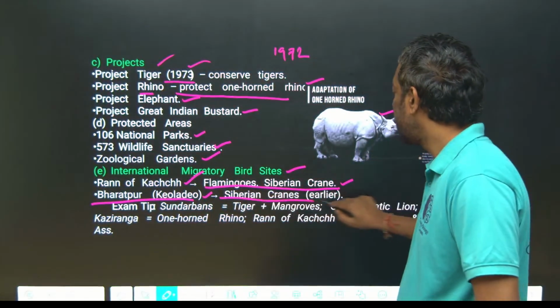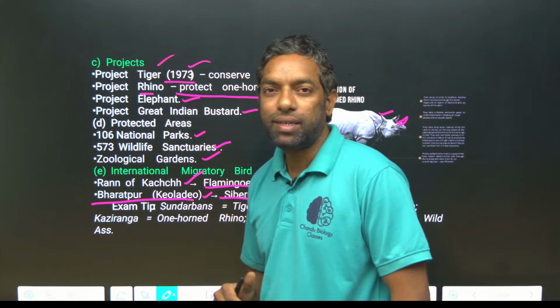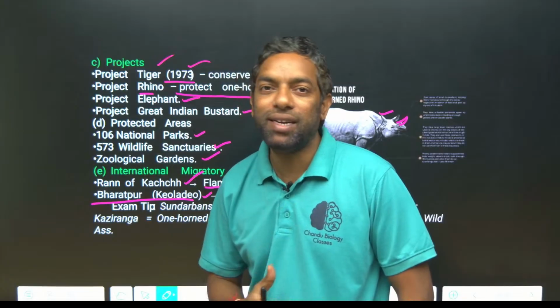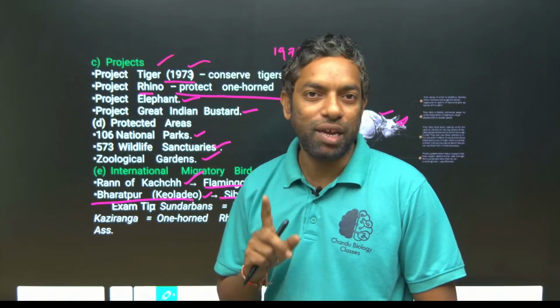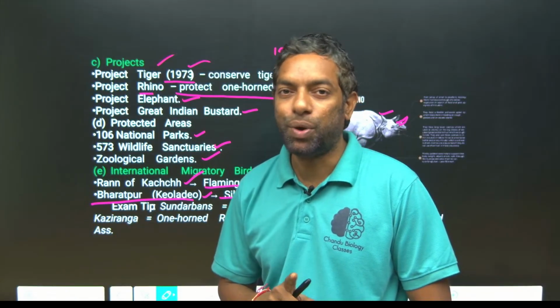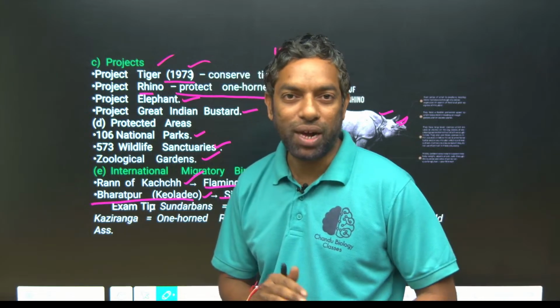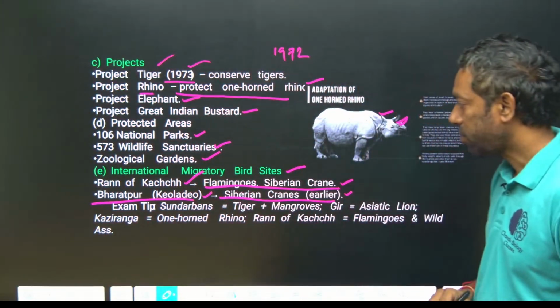At Bharatpur, Keoladeo, Siberian cranes came earlier, guys. During winter the temperature in Siberia falls to minus degrees, and there are no survival conditions in the Siberian area of Russia. In that way birds migrate to Rajasthan, Keoladeo National Park, during winter.